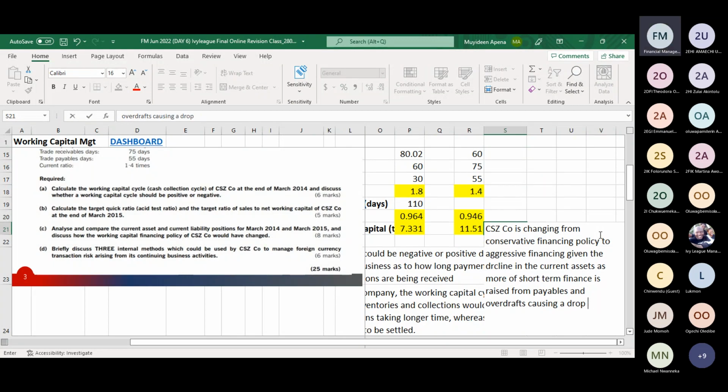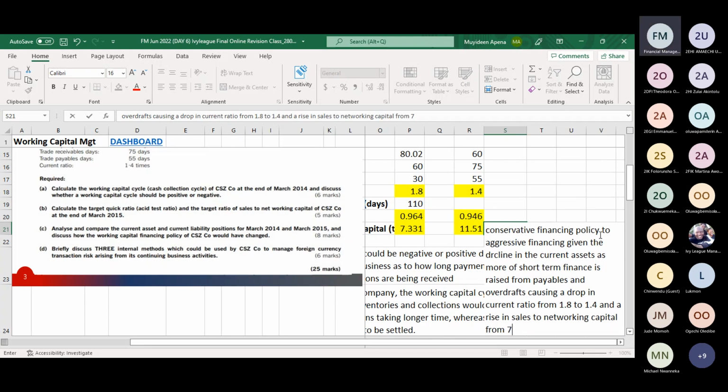So a drop in current ratio from 1.8 to 1.4. Let's look at a rise: the sales to net working capital from 7.3 times to 11.5 times.